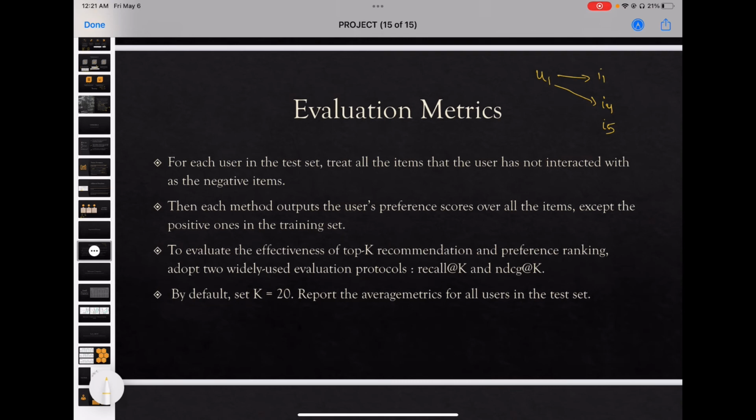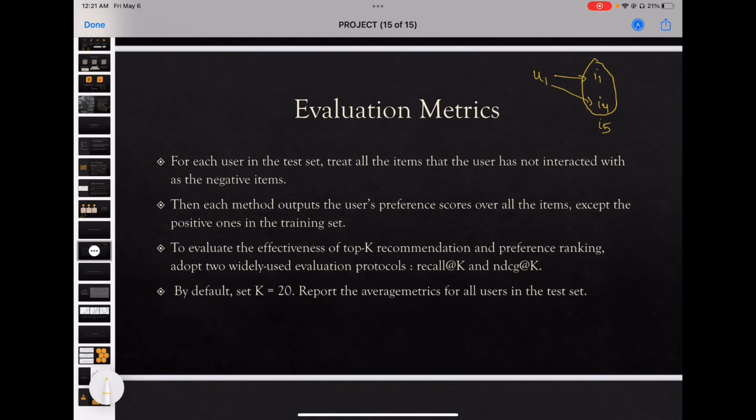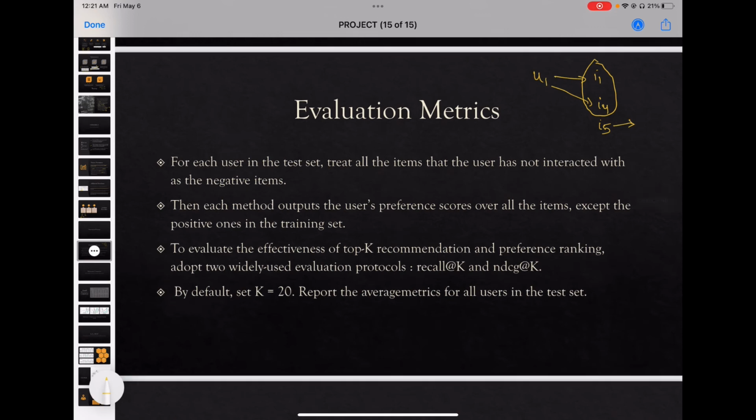Then each method outputs the user preference score over all the items except the positive ones in the training set. So in this given example, the positive items are I1 and I4. So our model does not give a prediction score for these items. But since item I5 is not a positive interaction or a positive item, a prediction score is given for item I5.